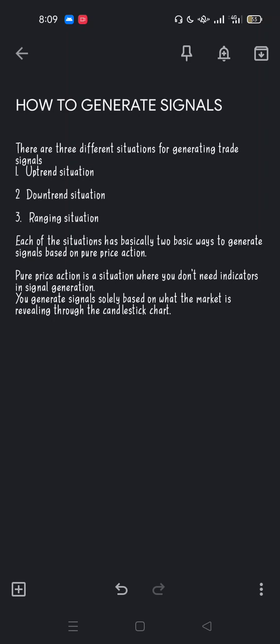Because if you must understand the market very well, you must know how to relate with the market without all those secondary tools. That's why I'm sharing this with you, so you're able to generate the signals without using an indicator. That's what we call pure price market action.